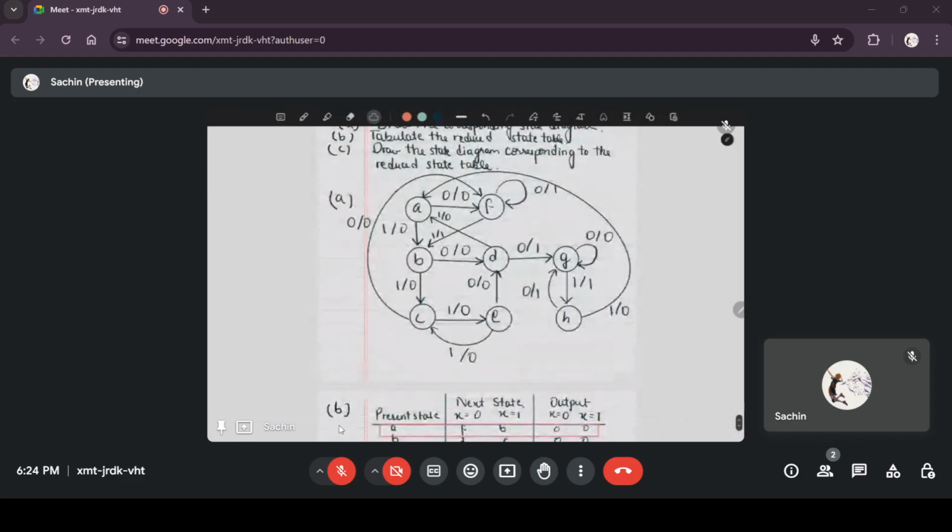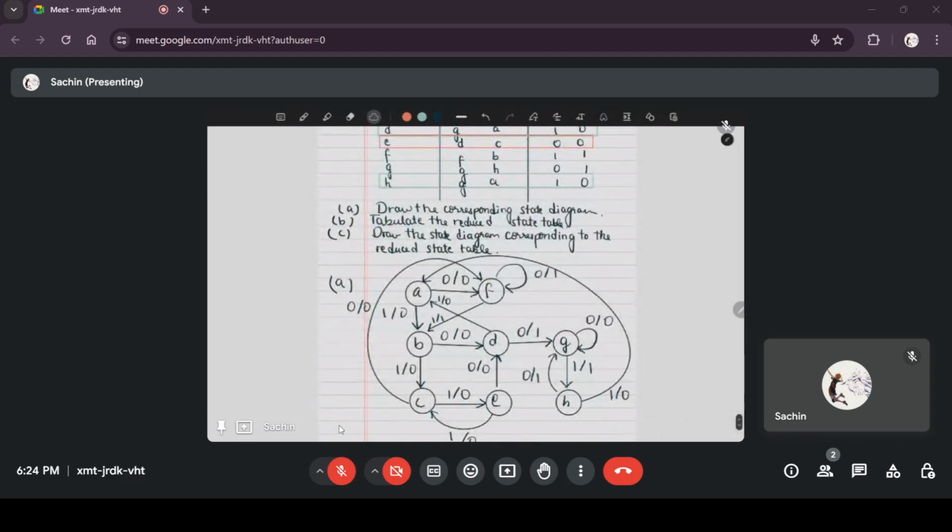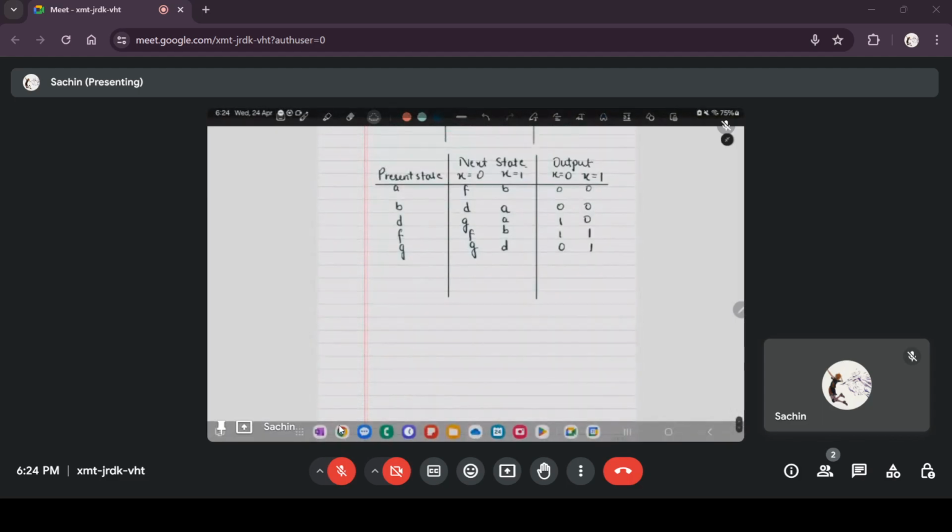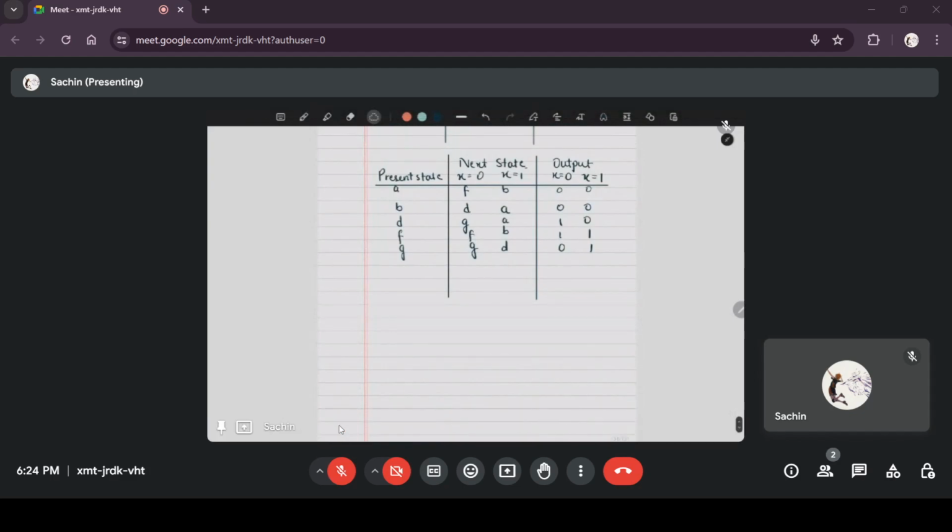C asks us to draw the state diagram corresponding to the reduced state table.